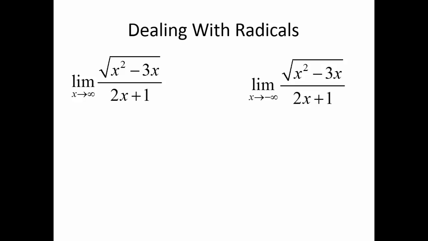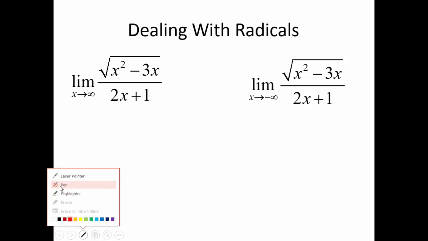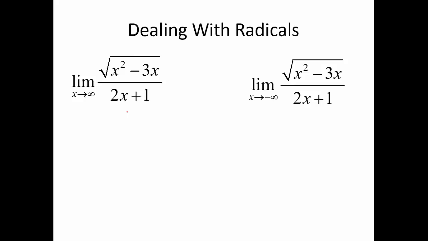So in the case of this first one, the limit as x approaches infinity of the square root of x squared minus 3x over 2x plus 1, I still want to compare my highest degree to my highest degree here. But remember what the square root of x squared is. It can be either positive or negative x. That's important for when we come to figure out what the sign of our answer will be.